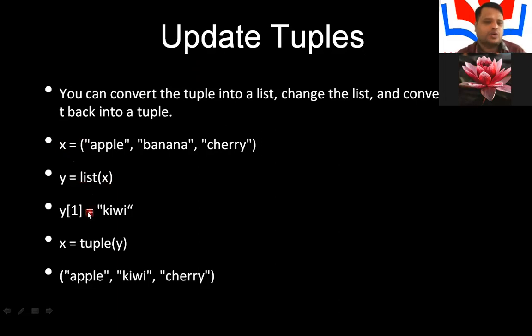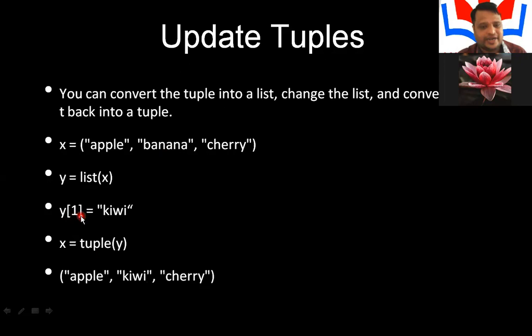Then how can I update any of the values? For example, here I want to change banana to kiwi. How can I do that? I need to specify the list name, and then in the bracket I need to specify the index number, because that is where the value has to be updated.